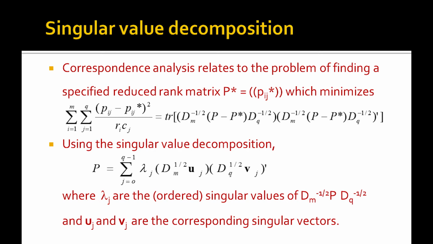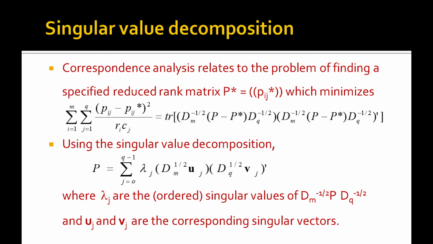Now, using what is referred to as the singular value decomposition, remember this is not a square matrix. So, using a singular value decomposition, we can write P as the summation over j equal to 0 to q minus 1 of lambda j, Dm to the power half, uj, into Dq to the power half, bj prime, where the lambda j's are the singular values of Dm to the power minus half, P, Dq to the power minus half, and uj and bj are the corresponding singular vectors.